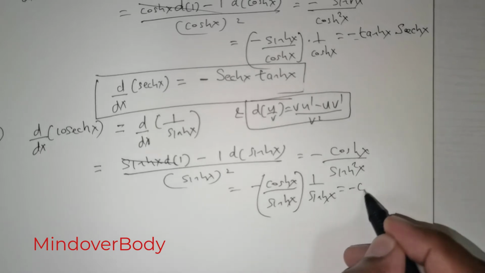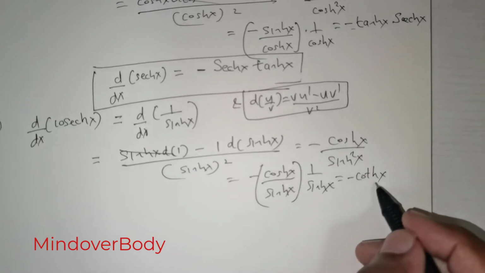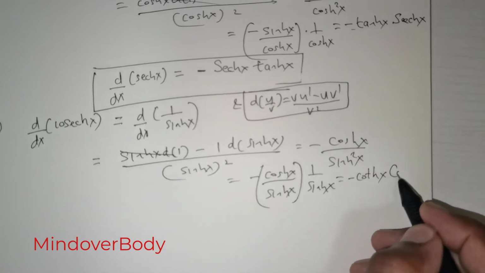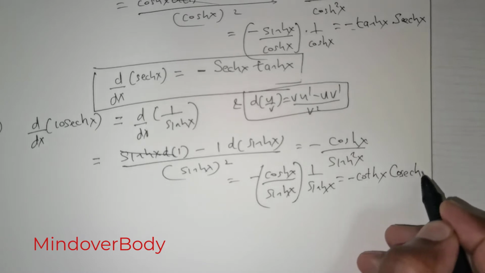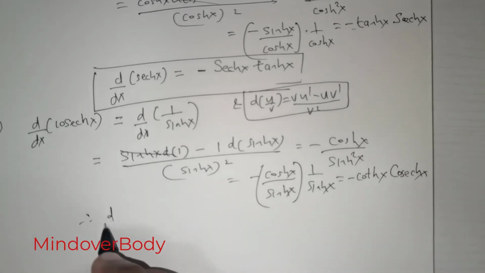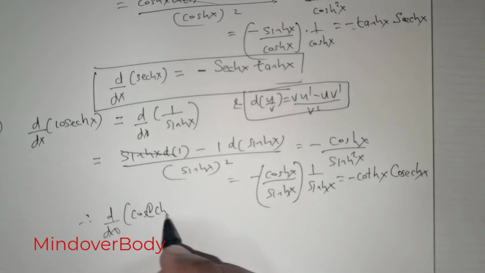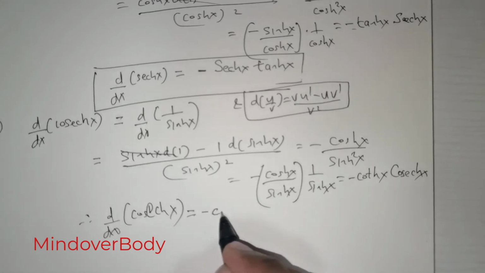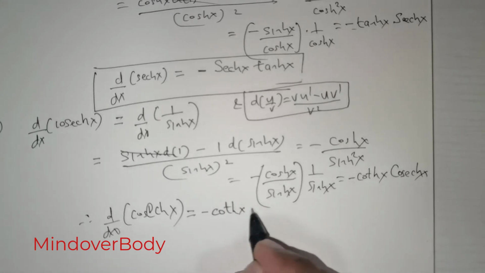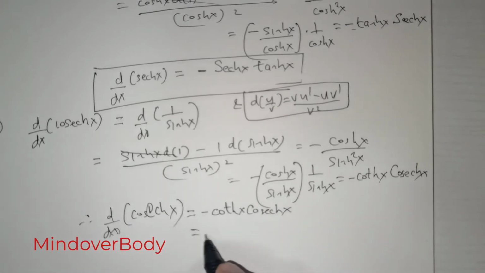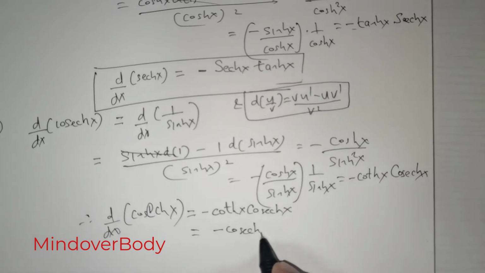This is equal to coth x, or hyperbolic cot with a negative sign, times 1 over sinh x, which is hyperbolic cosecant x. So therefore d over dx of cosech x is equal to negative coth x cosech x, or you can write it as negative cosech x coth x, all hyperbolic.